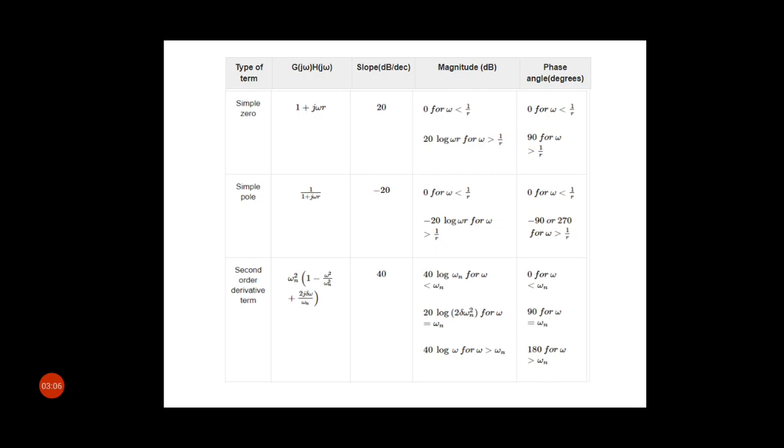Now if we have a simple zero, that means G(jω)H(jω) is equal to 1 plus jωτ.